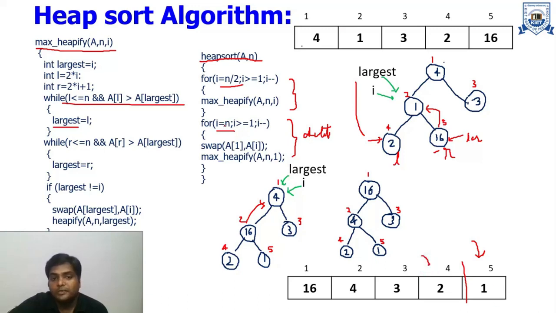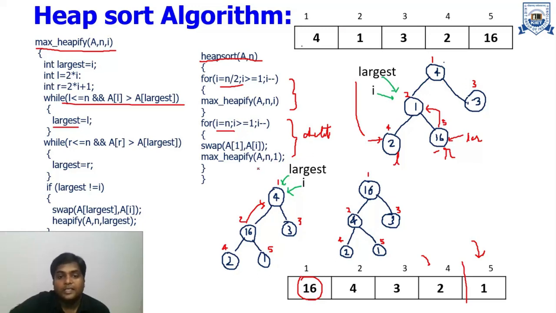So for I equal to n, while I is greater than equal to 1, we swap A1 comma A I. Always the first index value will be swapped. Why? Because in the first index we have the root node, and when we want to perform a delete operation, the root node is always deleted from the max heap.